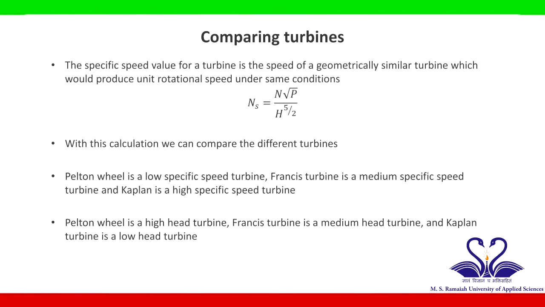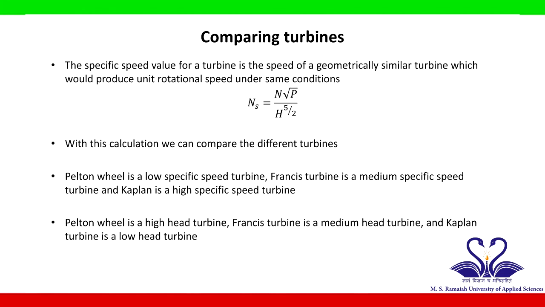The specific speed value for a turbine is the speed of a geometrically similar turbine which would produce unit power under the same conditions. The equation for the specific speed is given as Ns = N √P / h^(5/4).